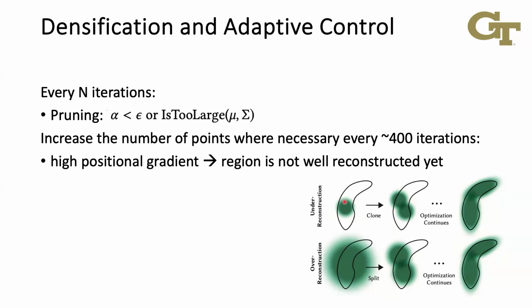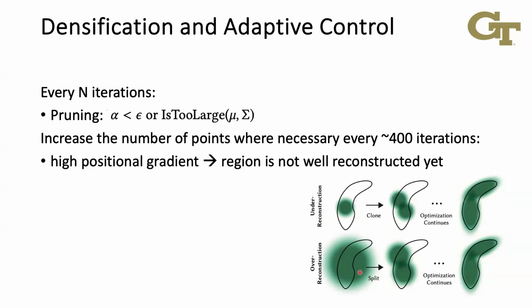And here they describe two possibilities. We might be under-reconstructing, if we have some geometry and a Gaussian that's not enough to cover it. No matter how you tweak this single Gaussian, you cannot properly cover the whole geometry. So they end up cloning the Gaussian along its positional gradient, putting another Gaussian there, and then they continue the optimization, and hopefully it converges to nicely cover the geometry.